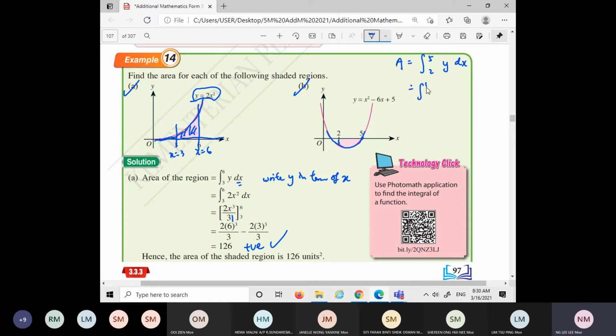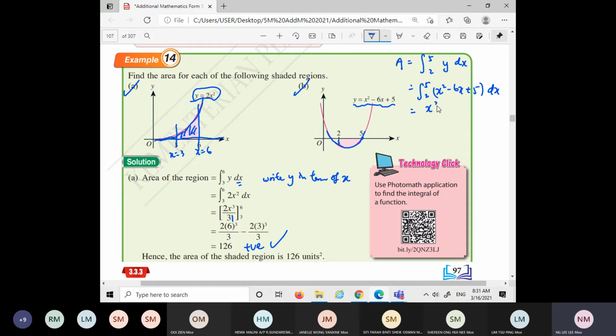Continue. What is the y? I can't integrate y with respect to x, so I have to change the y in terms of x. So y is this. I write it as x squared minus 6x plus 5, dx.